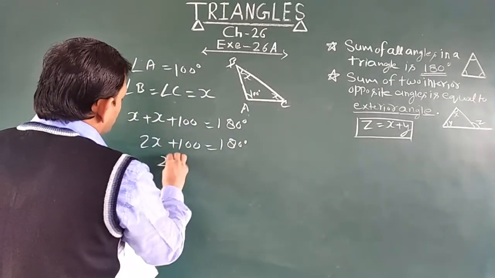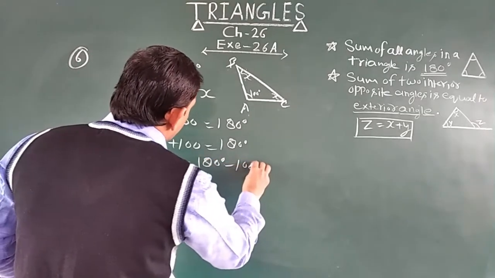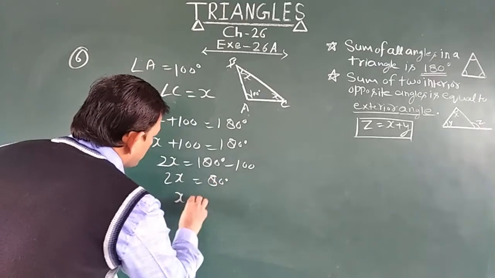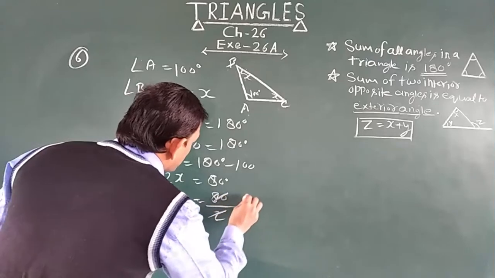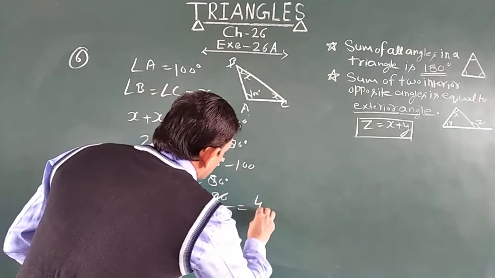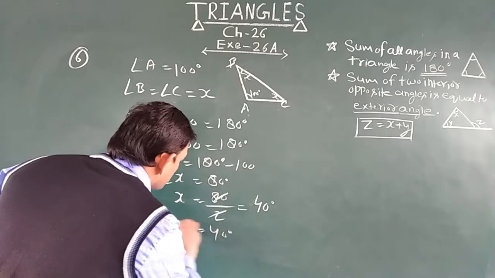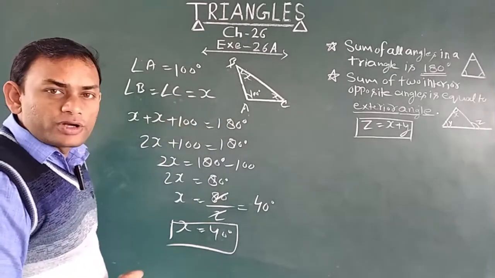Then 2x is equal to 180 minus 100, then 2x is equal to 80 degrees. Then x is equal to 80 upon 2, which is 40 degrees. So angle B and angle C will be 40 degrees.